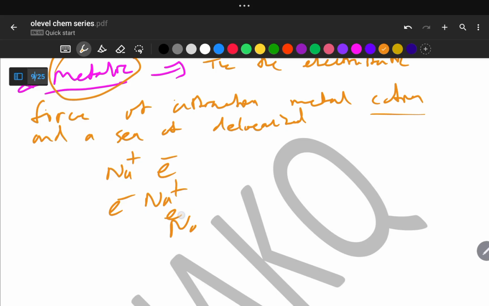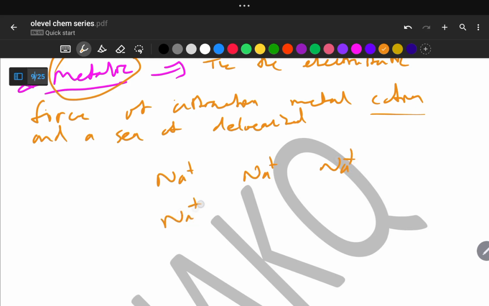This is the sodium ion, the electrons, and so on. We must show this in a regular arrangement. So it's sodium plus, and then sodium plus. Then we include the electrons. As simple as that.